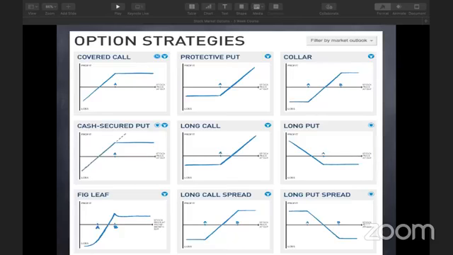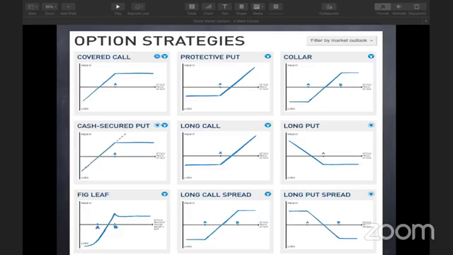You also see on there, you've got the long call, the long put, fig leaves, long call spreads, and long put spreads. Spreads are basically a combination of option trading where you would do 2 things at the same time. Usually it's in the same expiration cycle and with the exact same underlying company.